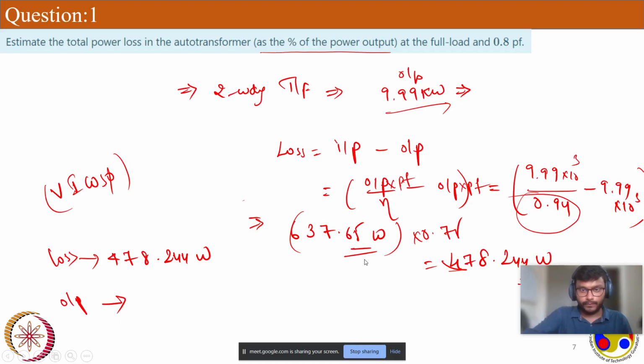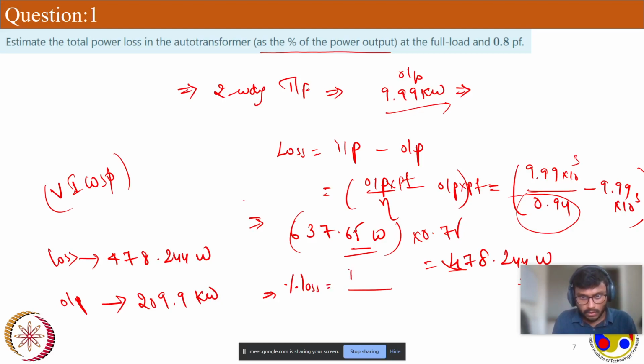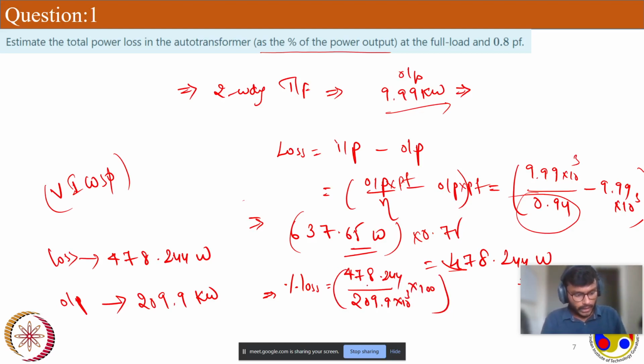My output is 209.9 kilowatts. Now my percentage loss is equal to 478.244 divided by 209.9 times 10 cubed, times 100. Someone do the calculation along with me.